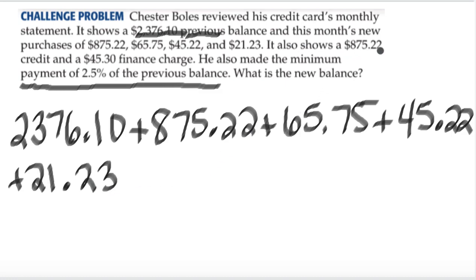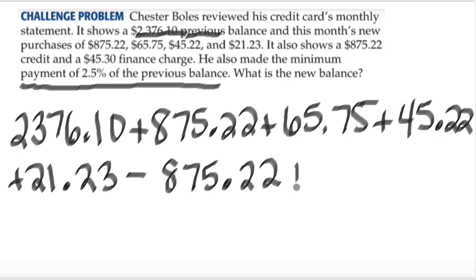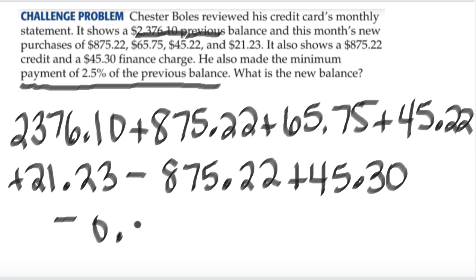It shows $875.22 credit, so we're going to subtract that. And a finance charge, that's something he has to pay, so plus $45.30. And he made a payment, so if he's making a payment, he's subtracting 2.5%, make sure you convert that, 0.025, of the previous balance. The previous balance is that $2,376.10.